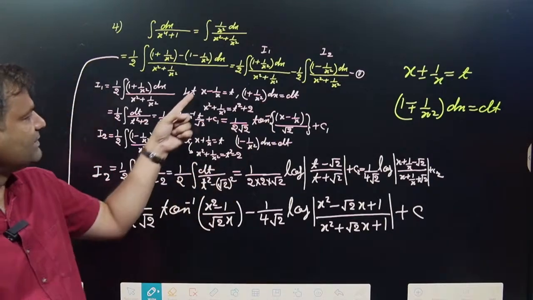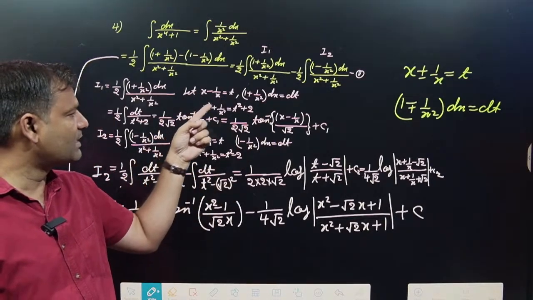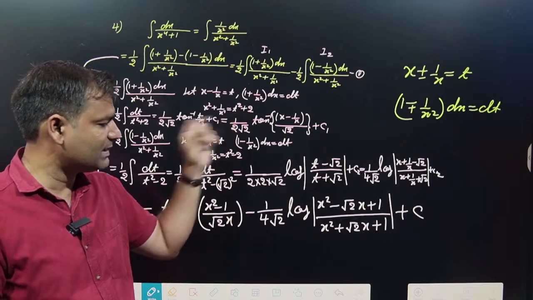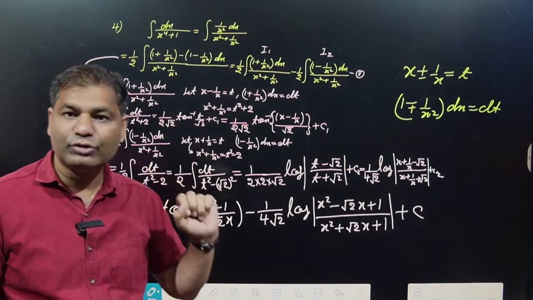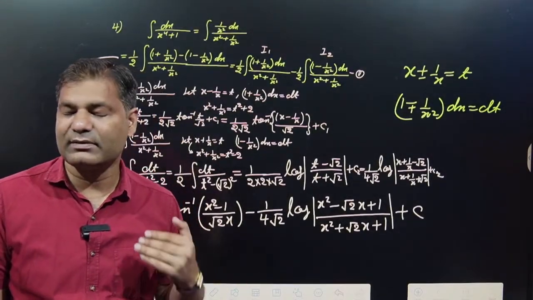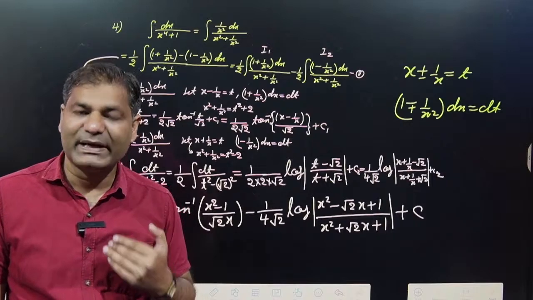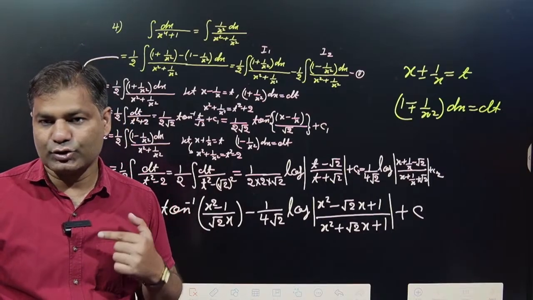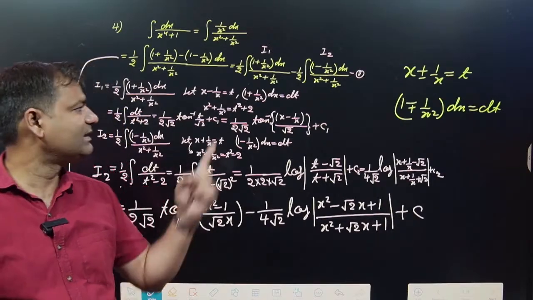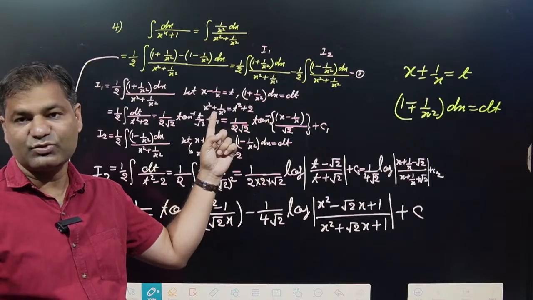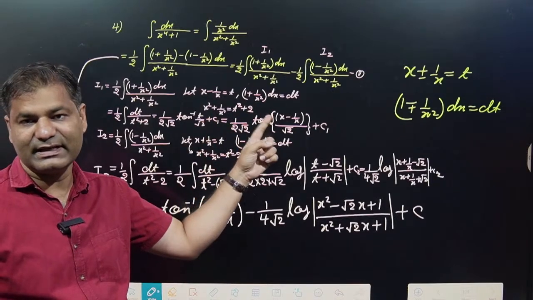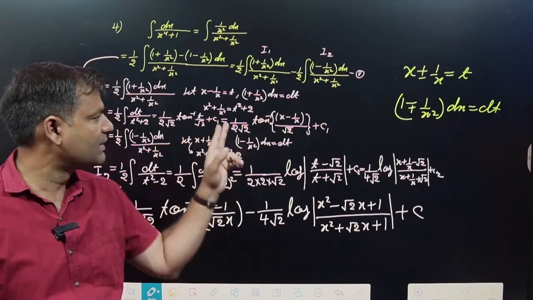After that, squaring both sides, we get x square plus 1 upon x square minus 2 equal to t square. So x square plus 1 upon x square is written as t square plus 2, as the minus 2 goes to the right-hand side.